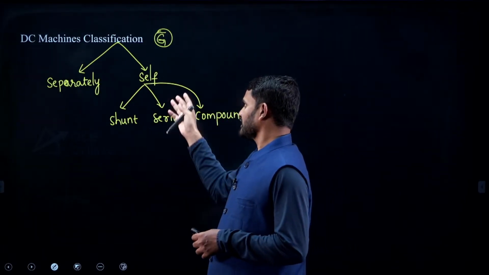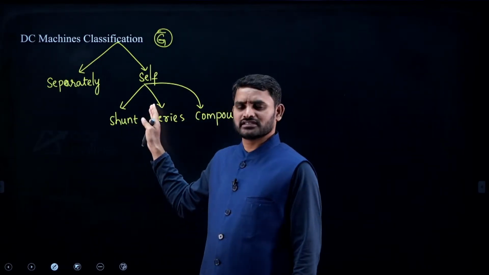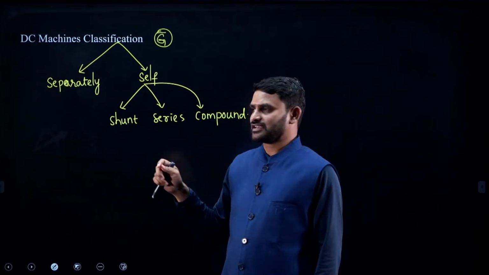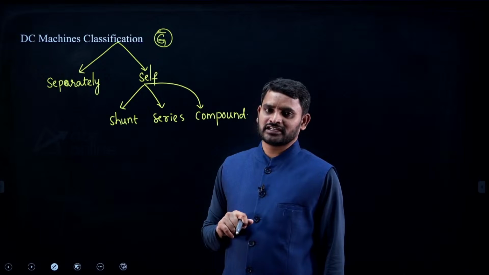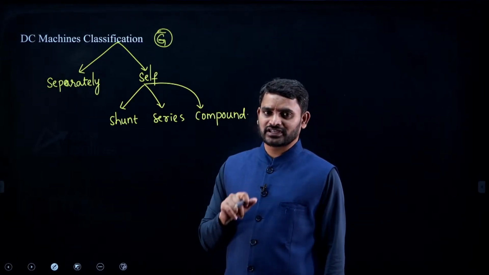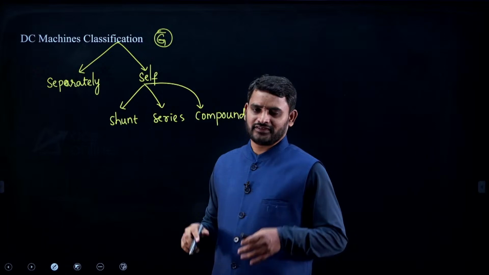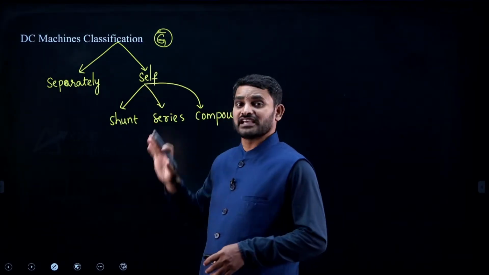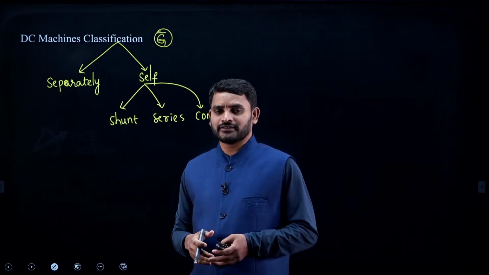So, instead of calling self excited motors, it is better to call them as shunt motors, simply series motors and compound motors. Okay. Same classification, the only thing is, better not to call them as self excited motors. Okay. I hope it is clear, because the winding is not excited by its own. If the field winding is excited by its own, you would have called it as self excited. Otherwise, what is the use of calling it as self excited, right?